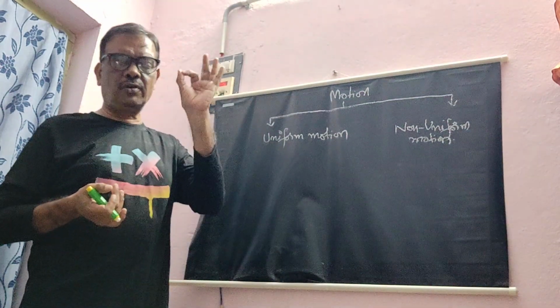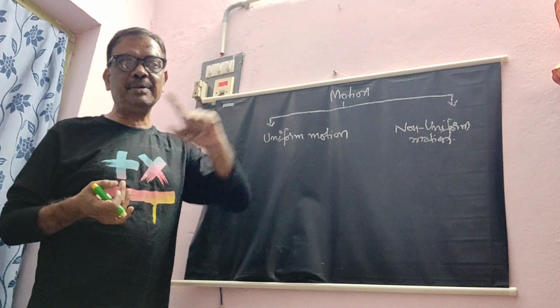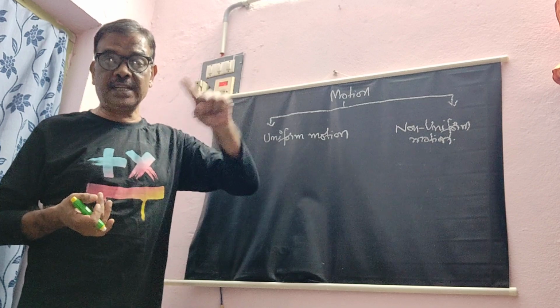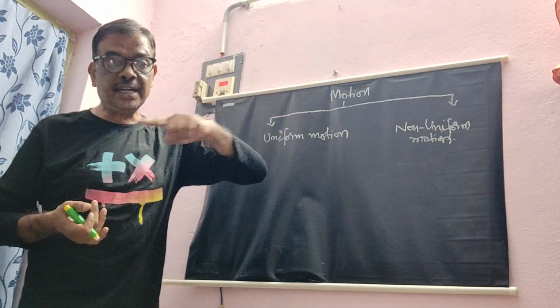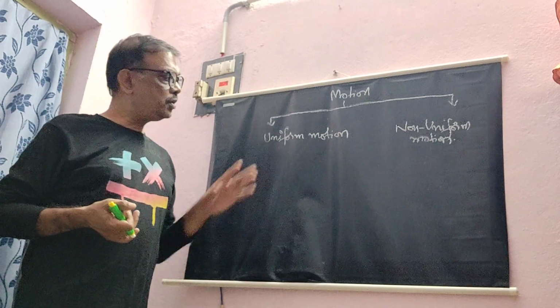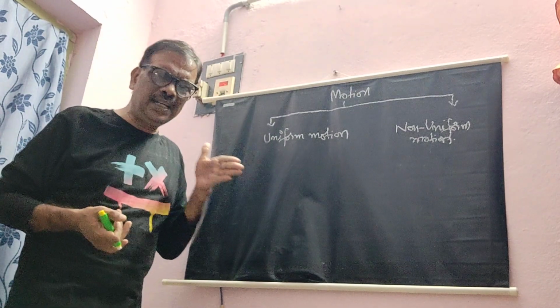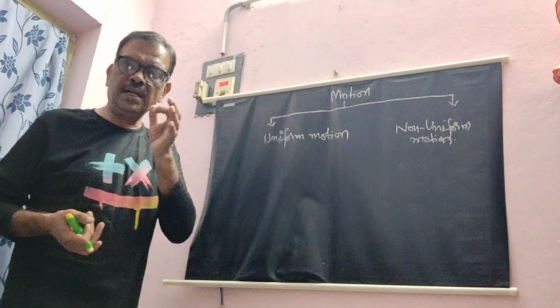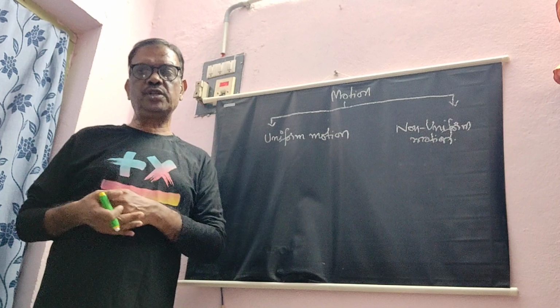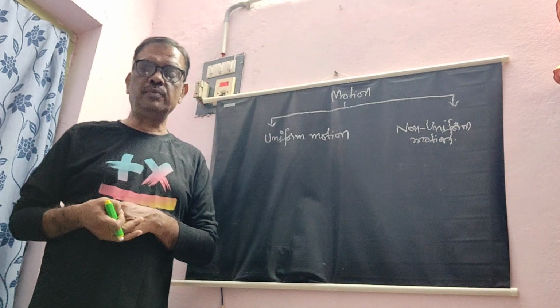Whenever we are describing motion, we are covering distance or displacement, isn't it? So here, if an object covers equal distance in equal intervals of time, then such type of motion is said to be uniform motion.